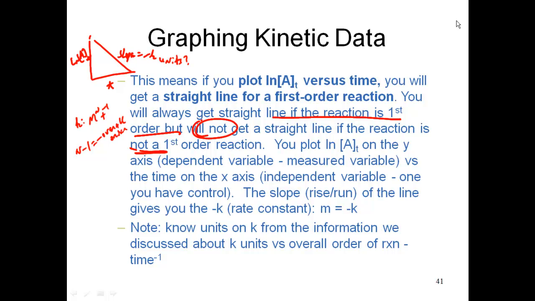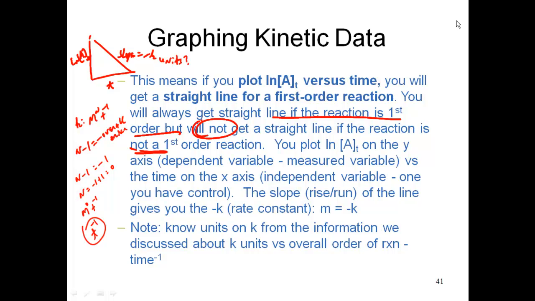So in this case, n minus 1 is equal to, for a first order integrated equation, negative 1, 1 being the first order overall of the equation. Do the math, you get n is equal to minus 1 plus 1, which is equal to 0. So you've got molarity to the 0, time to the minus 1. Therefore, the unit is just time minus 1.